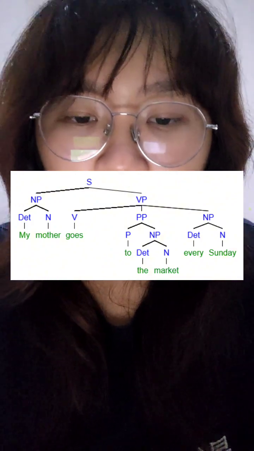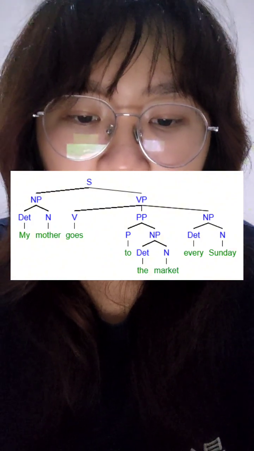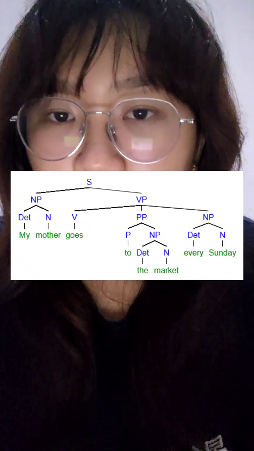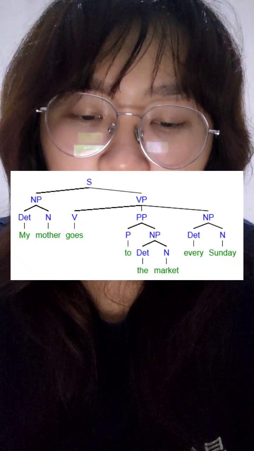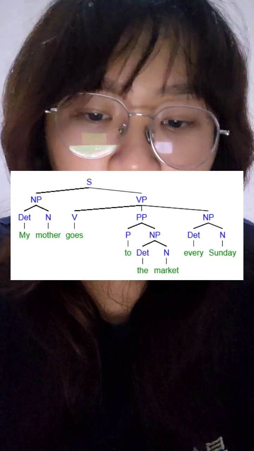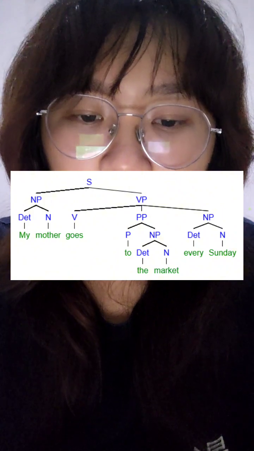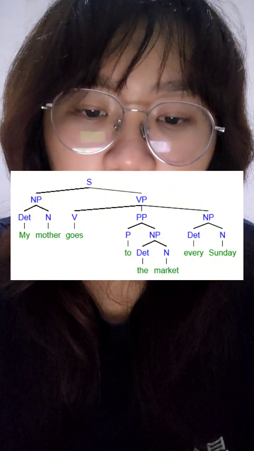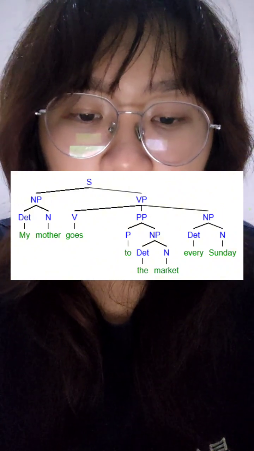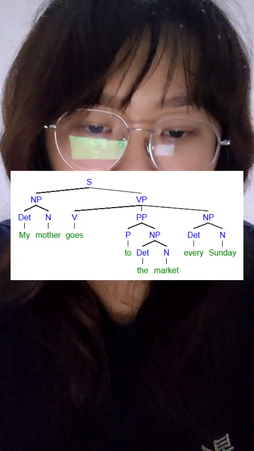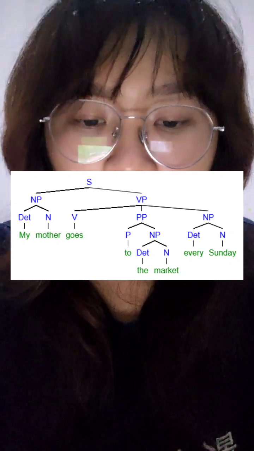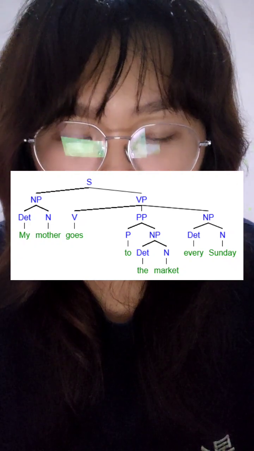So the prepositional phrase here is divided into two. The preposition to, and then the NP, noun phrase, as well. And the NP in the prepositional phrase here is divided into two parts as well. The determiner the, and then the noun market.